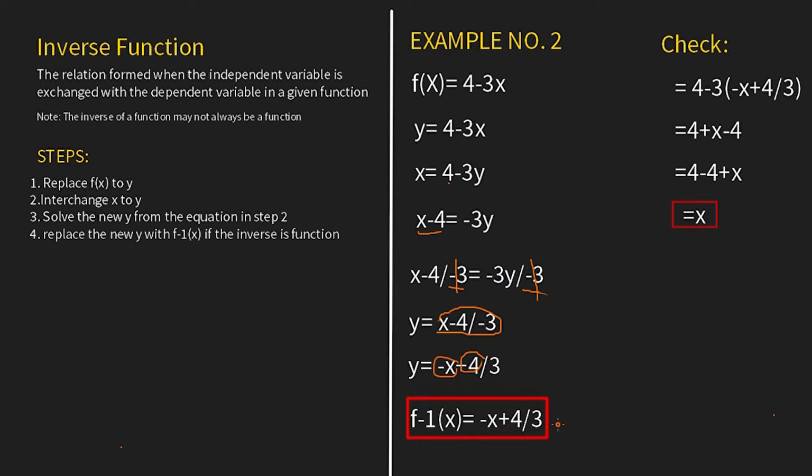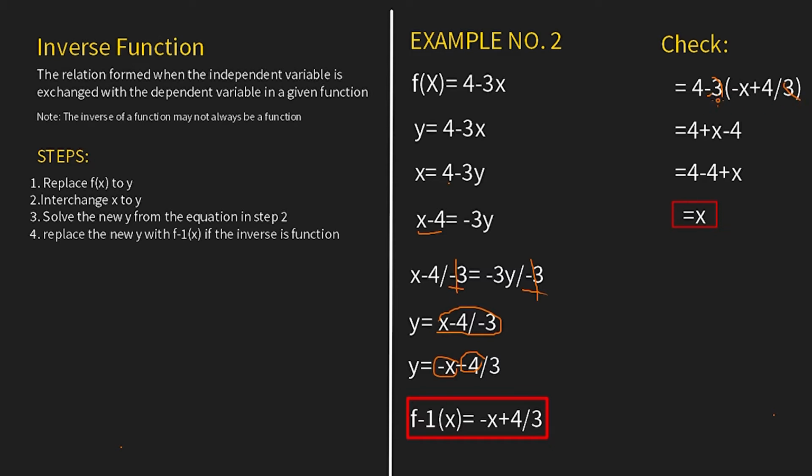To know if we got the correct answer, we do checking. So, by doing that, we copy the given function, so 4 minus 3, but we substitute x with its inverse, so it's negative x plus 4 over 3. Now, we bring down 4, and cancel negative 3 and 3.